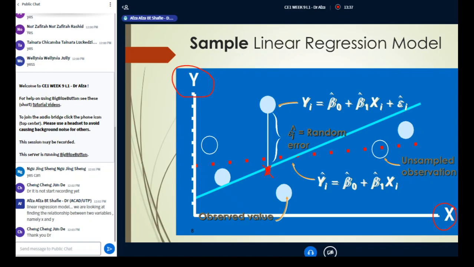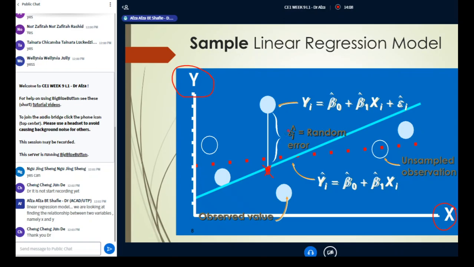estimation of the line. Because of this error, we need to find a way to make sure that we minimize this error, not maximize. How do we do this? By looking at whether we are able to minimize this error. What we are saying is that our line will be as close as possible to the observed value.